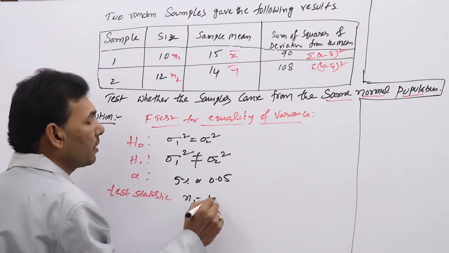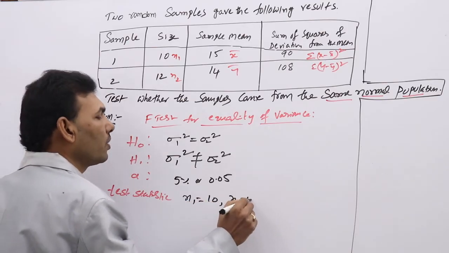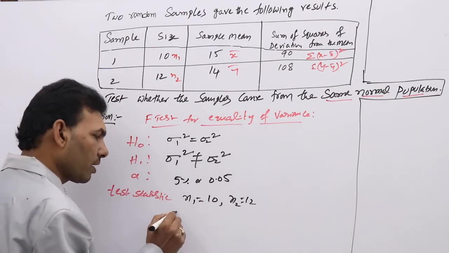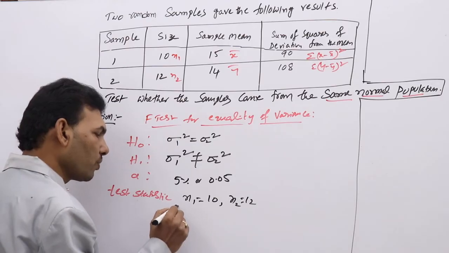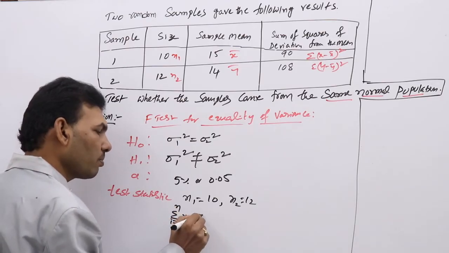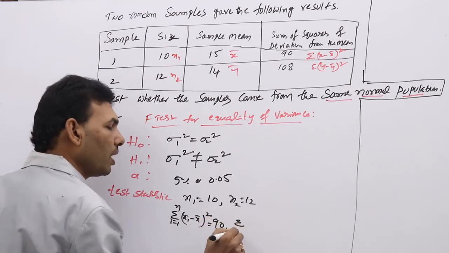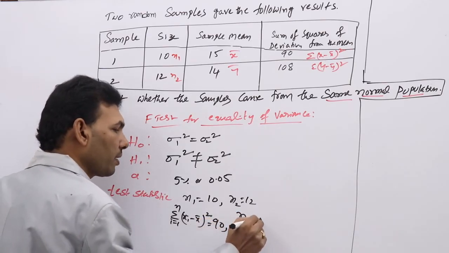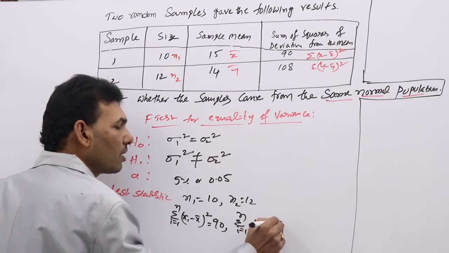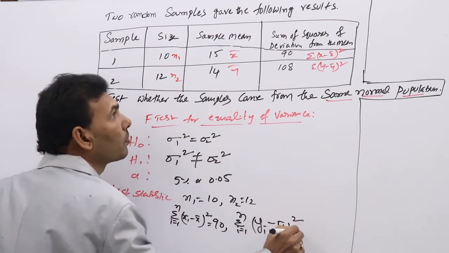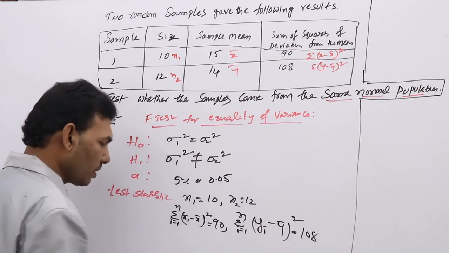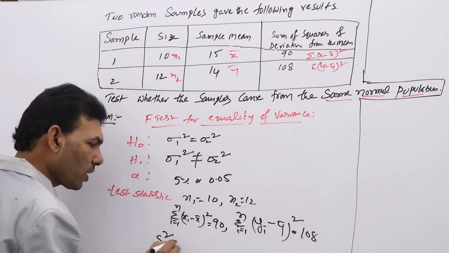Test statistic with the given data. N1 is 10, N2 is 12, and also given sigma (xi minus x bar) whole square is 90, sigma (yi minus y bar) whole square is 108. Now we need to calculate S1 square and S2 square.